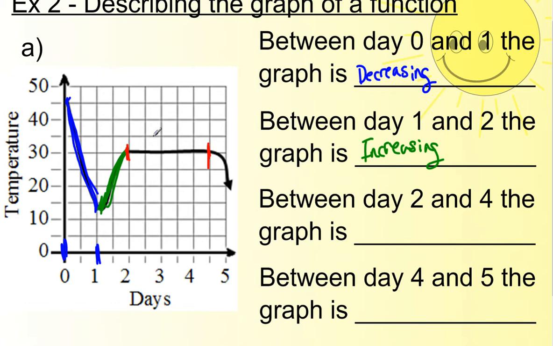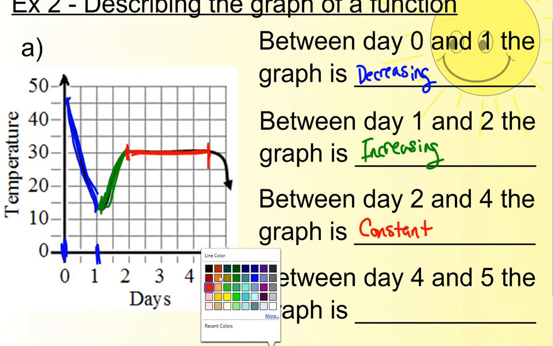Is it going up or is it going down? Well, it wavers a teeny little bit, but overall, it's staying at 30 degrees for these couple days straight. So in this range, the graph is constant. Constant means it stays the same, it doesn't change.